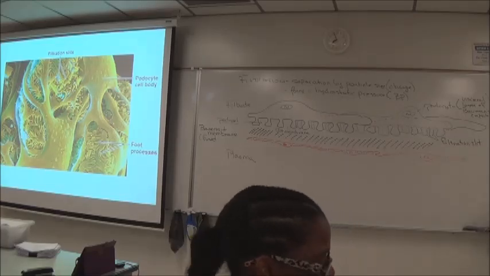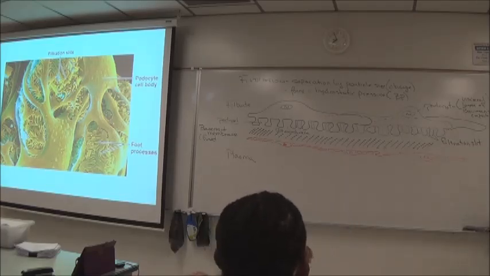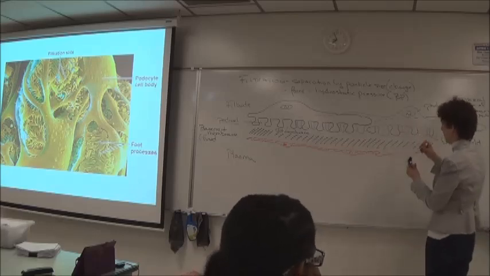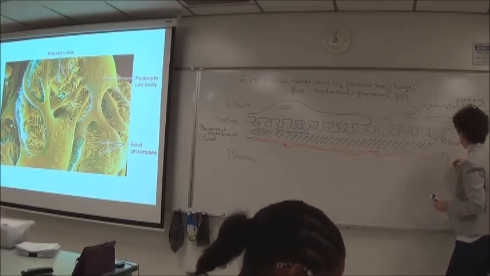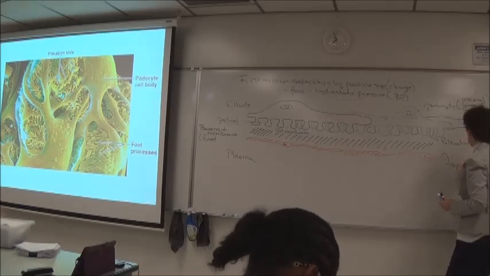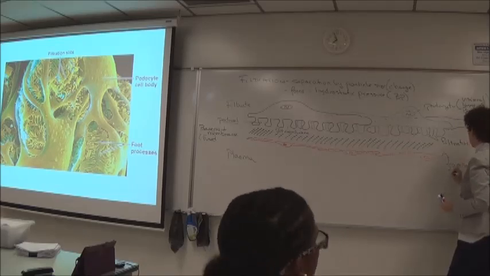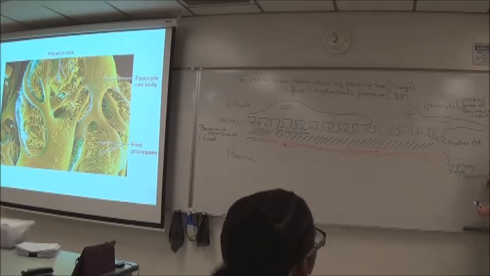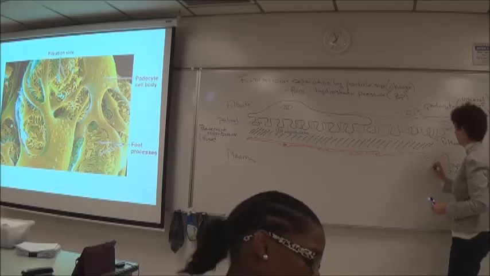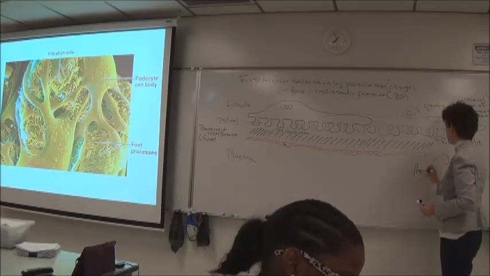Larger things can pass through the fenestra or pores than can actually get across the basement membrane or the slit diaphragms. So this is the capillary. Simple squamous epithelium, and these are the fenestra.